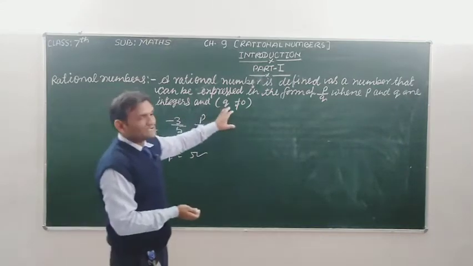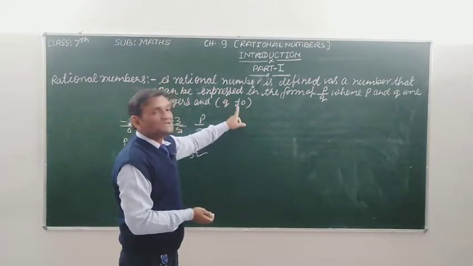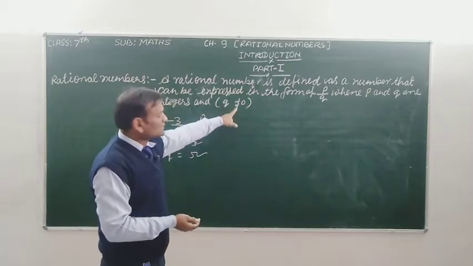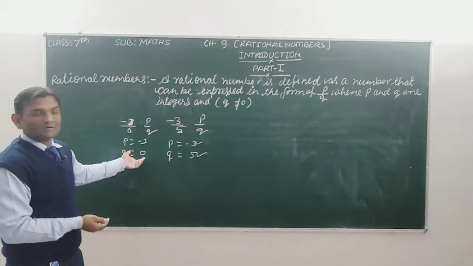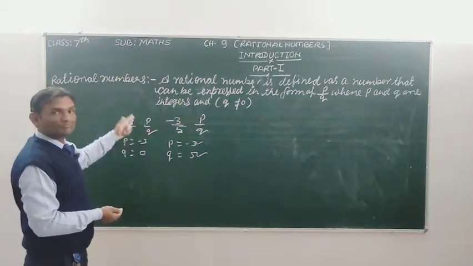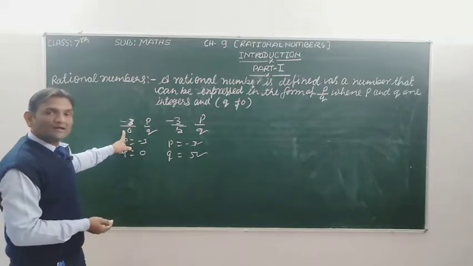And in the definition, it says Q should not be 0. Q 0 नहीं होना चाहिए. It can't be defined. So, students, this is not a rational number.